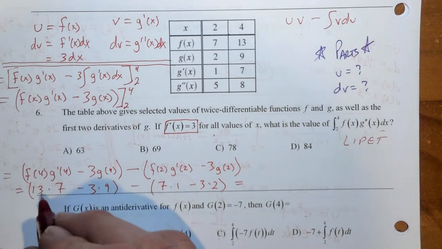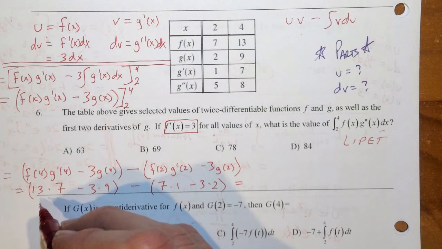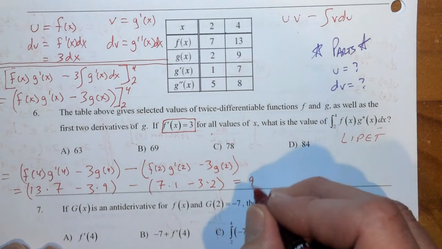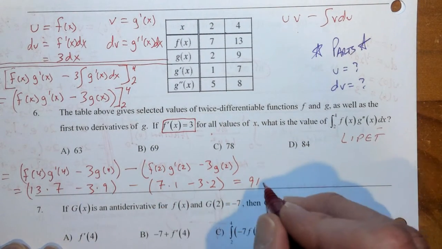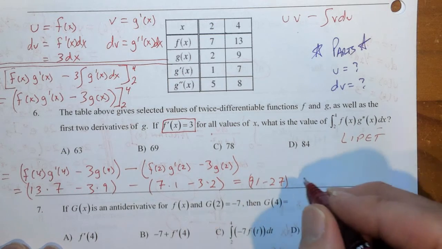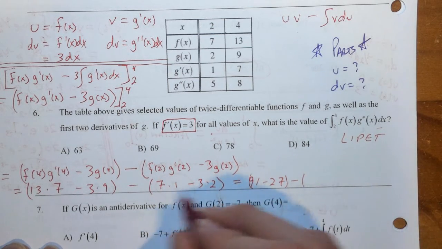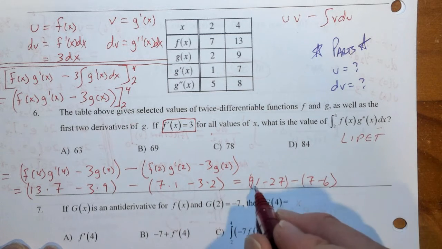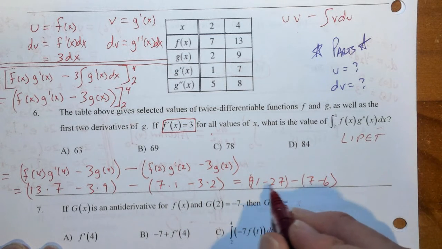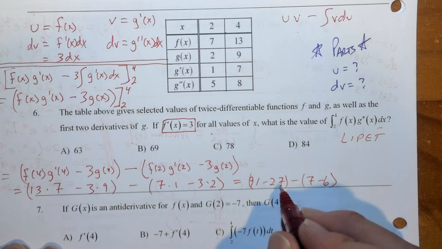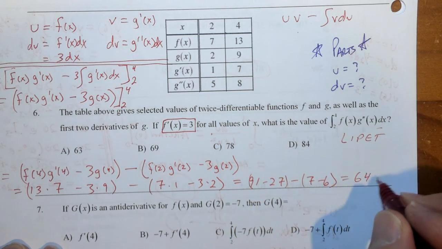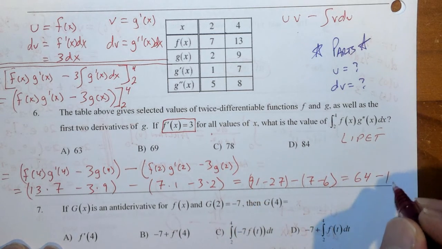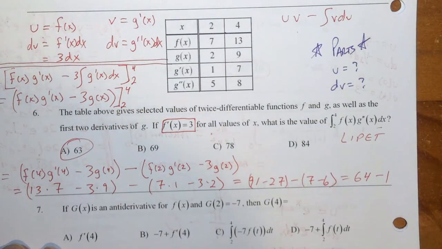So we have 13 times 7, which is 91, minus 27, and then we're going to subtract 7 minus 6. So 91 minus 27, so 91 minus 30 would be 61, plus 3 would be 64, so we have 64 minus 1, and our answer is 63.